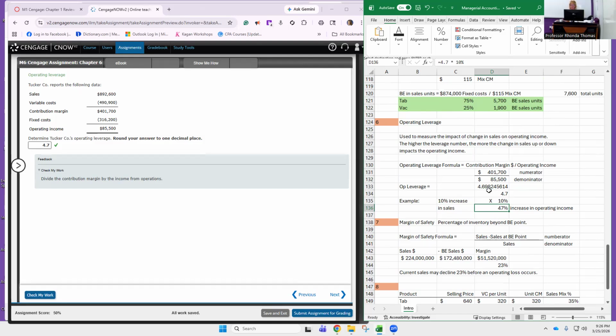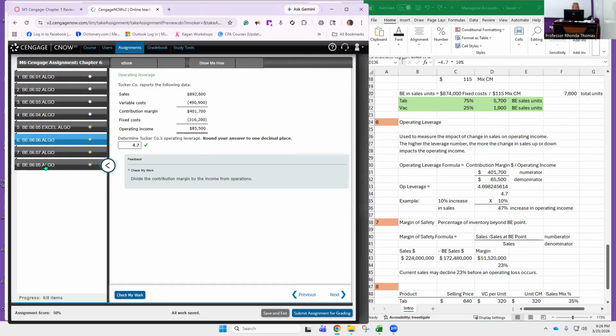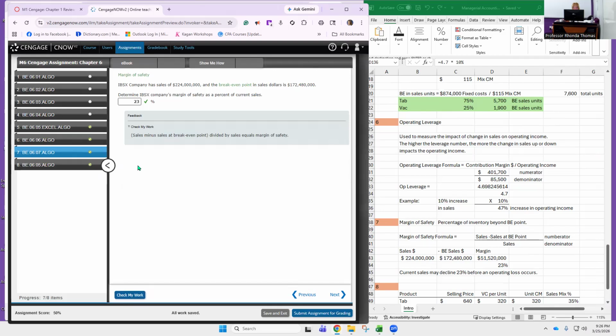If you had a 10% decrease in sales, you would have a 47% decrease in operating income. Yep, so that's like the magnifier of the change in sales, up or down.